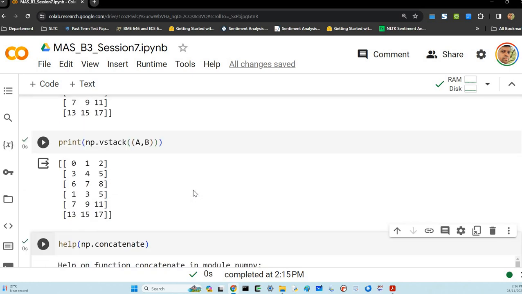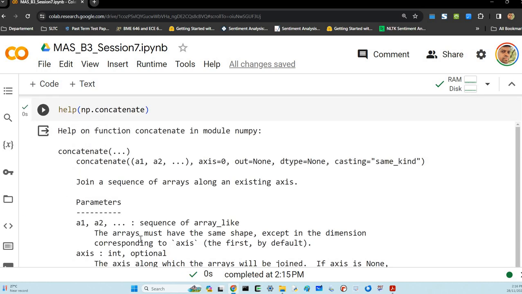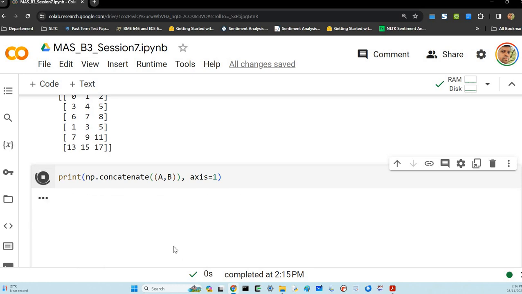So therefore, the first command, if you want to do this column wise, I will update it slightly differently. I will say the axis should be 1. By doing so, this should be column wise.